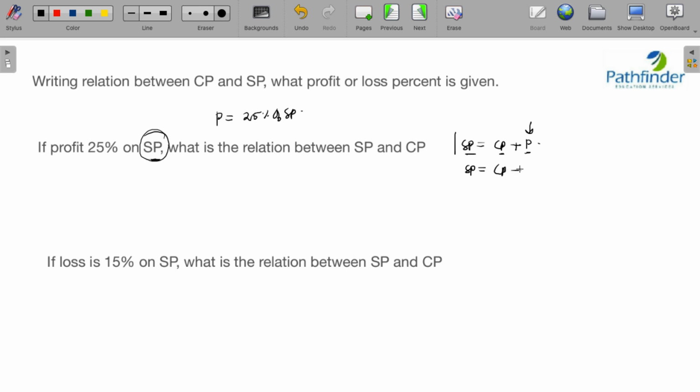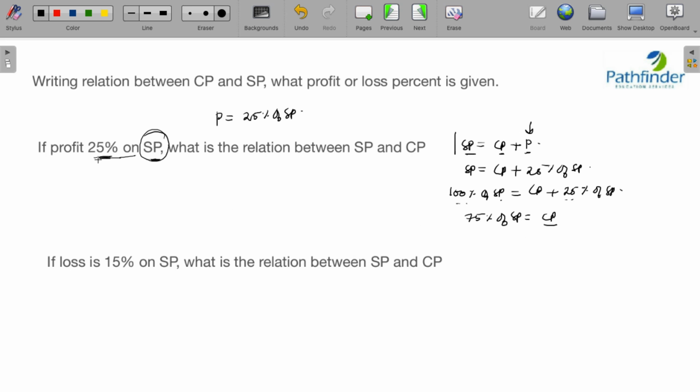SP is equal to CP plus what is the profit? 25% on SP. तो यहाँ पे इसको 25% of SP लिख लोगे. अब SP खुद का 100% होता है, तो आप क्या लिखोगे? 100% of SP is equal to CP plus 25% of SP. अब ये 100% of SP और ये 25% of SP इधर माइनस कर दो, इधर लाके लेफ्ट हैंड साइड में. So 100 minus 25 will give you 75% of SP is equal to CP.